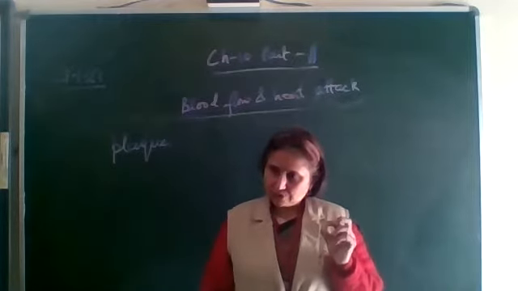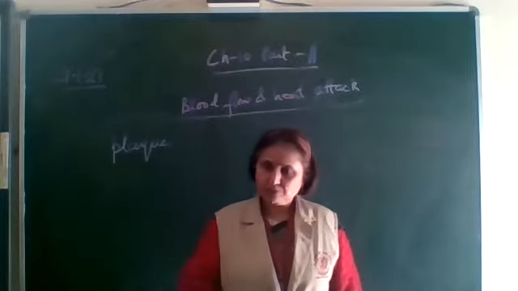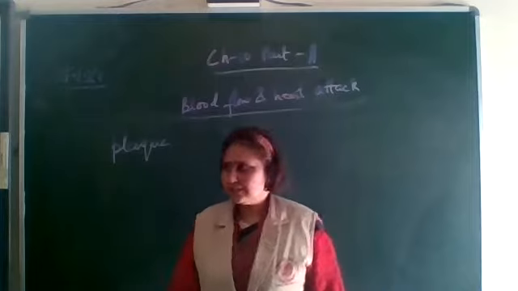So it gets constricted. Constricted means its area of cross-section becomes small.